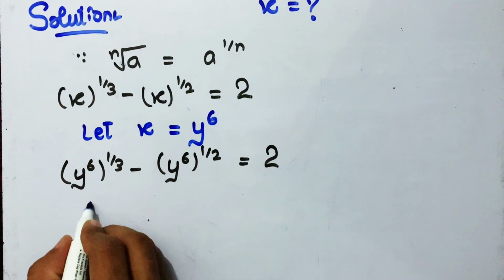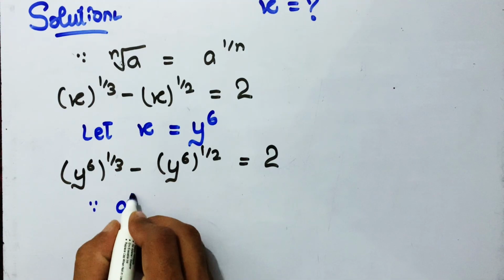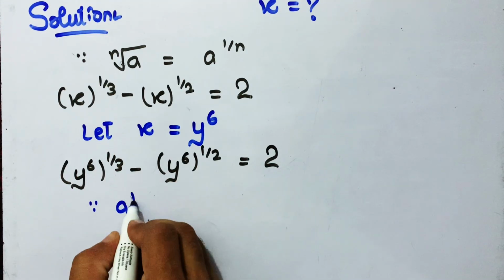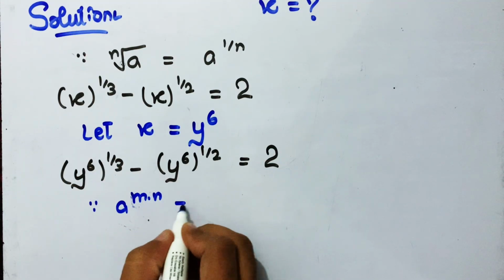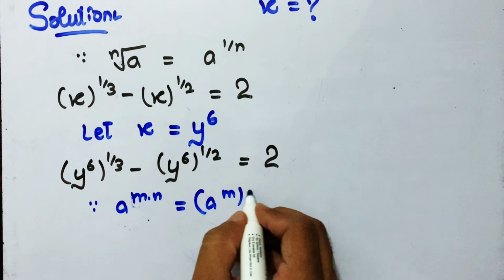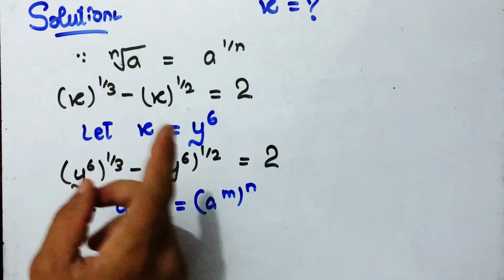So as we know the power formula, a to the power of m into n is a to the power of (m into n).